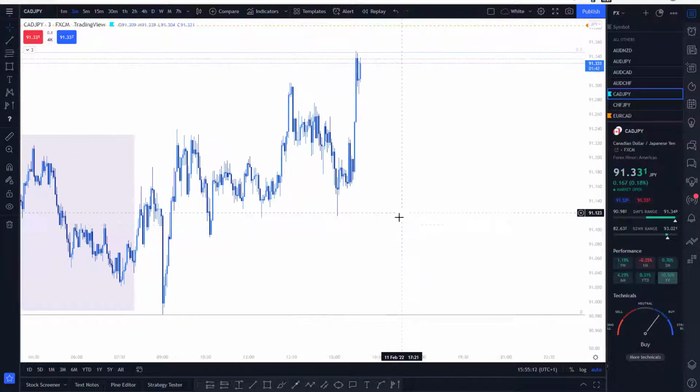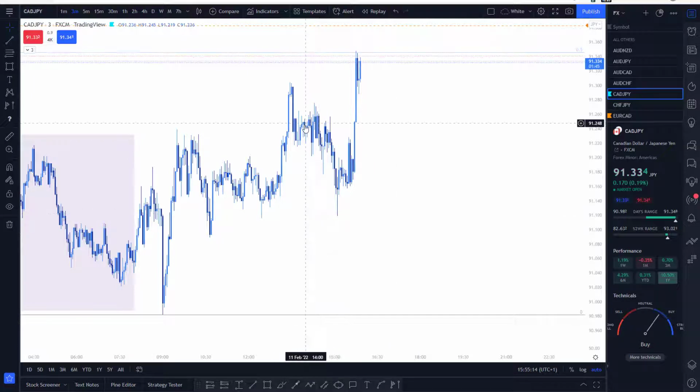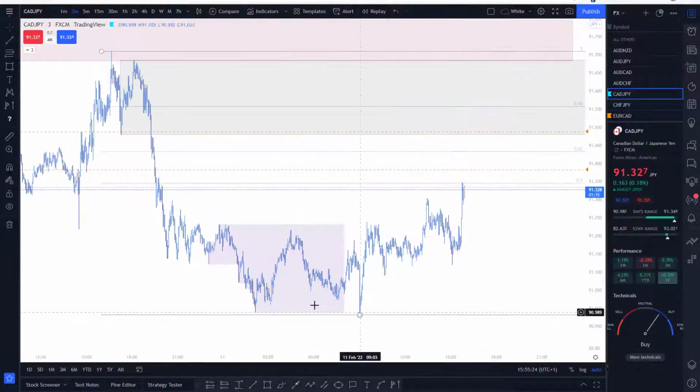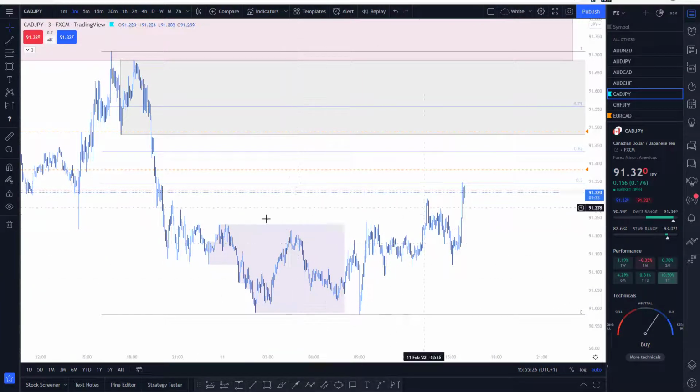Looking here also, there's equal lows left here, and there's still liquidity to the downside.